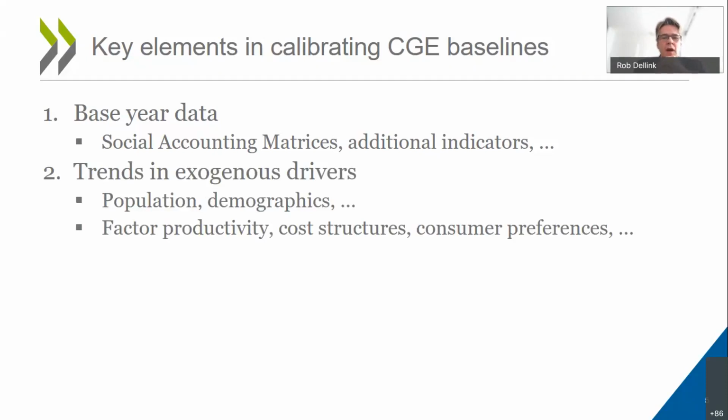And secondly, once you have your base year data, you can look at the trends in the exogenous drivers. So basically the inputs into your modeling that create this baseline in your CGE model. First is population dynamics. And that is not only population in the sense that you need an outline for population in total, but you also need to think about demographics, like the age pyramid of the population.